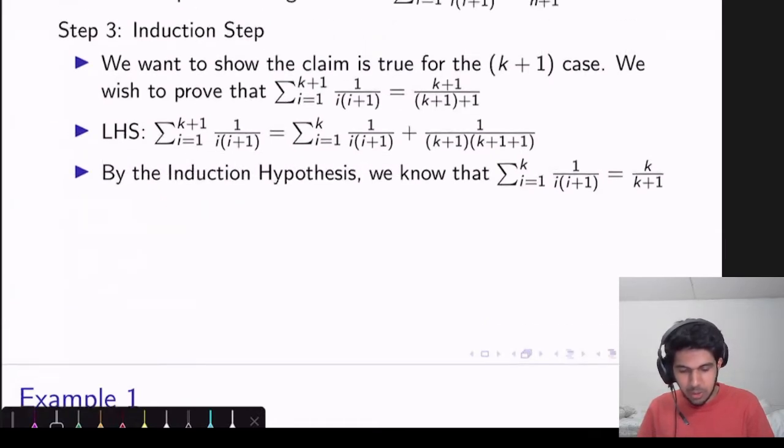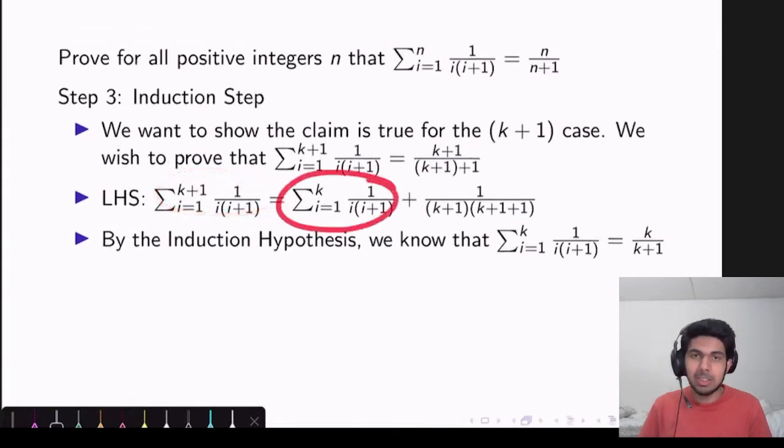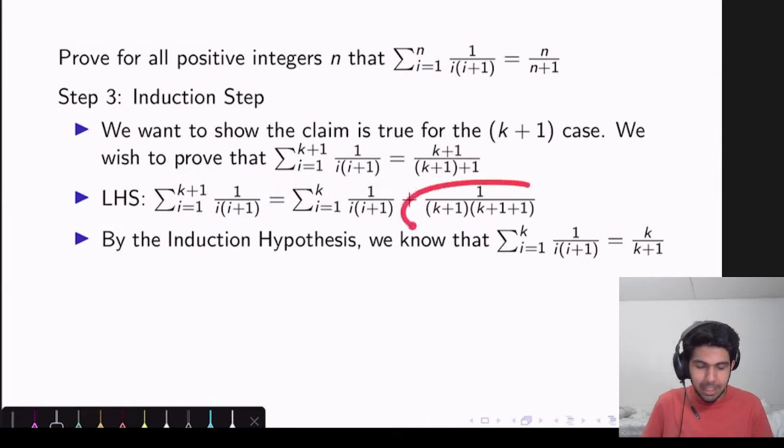So we reduce the summation down, so that way it's in terms of just this k here. And then we tack on this term, which is this fraction, but where we see an i, we put a k plus 1. So that's k plus 1 times k plus 1 plus 1. And why did we do this? Why did we break apart like this?